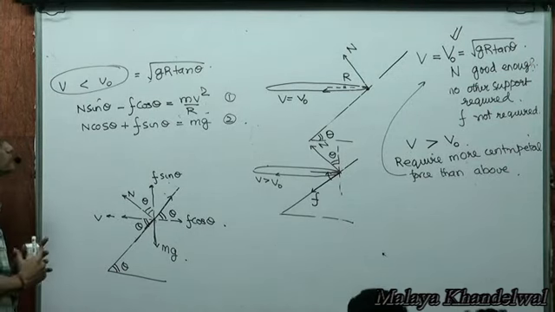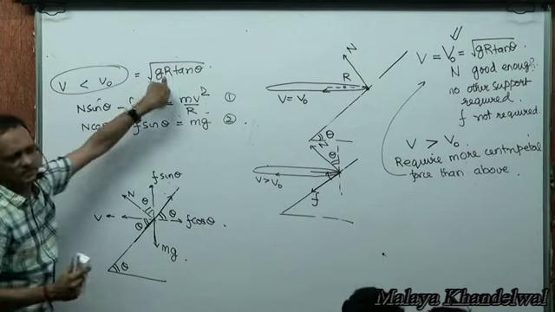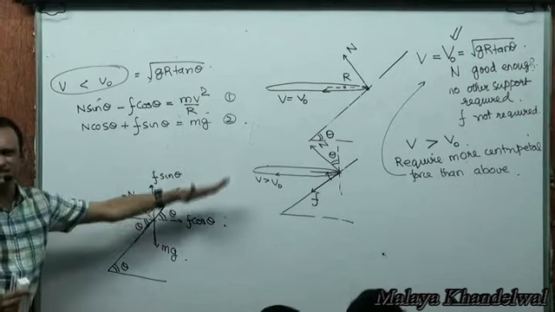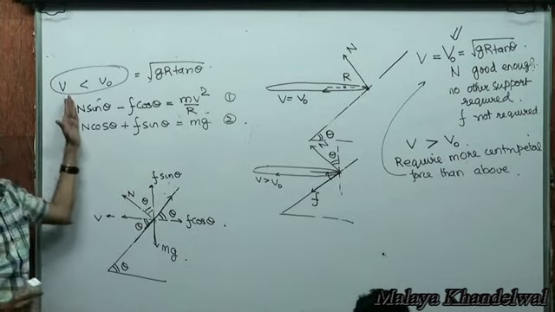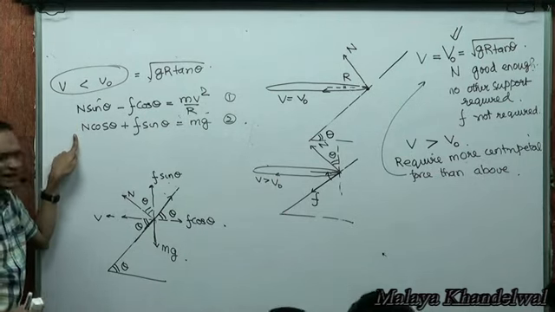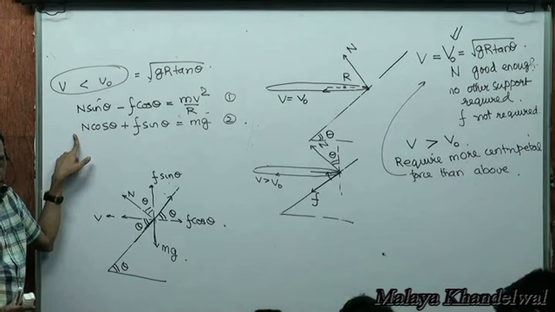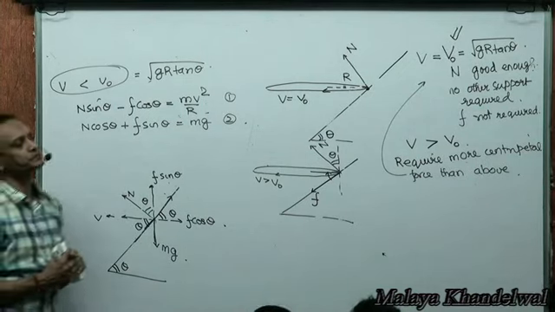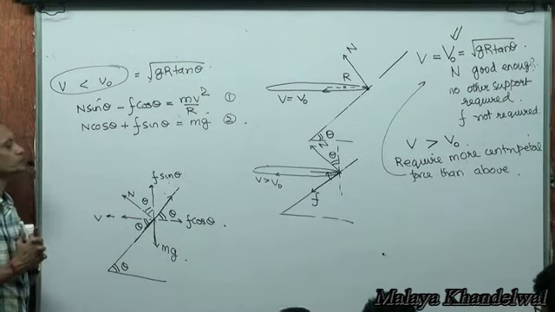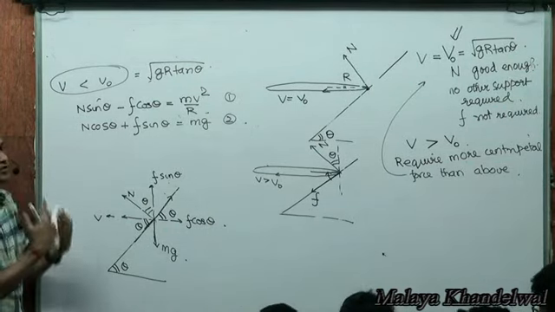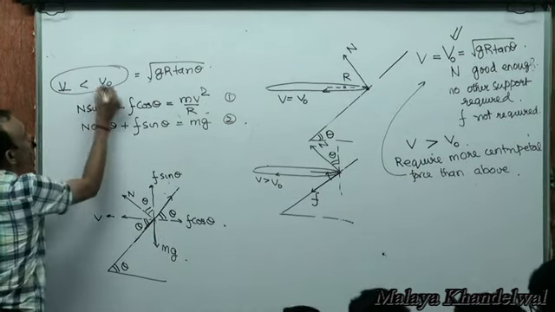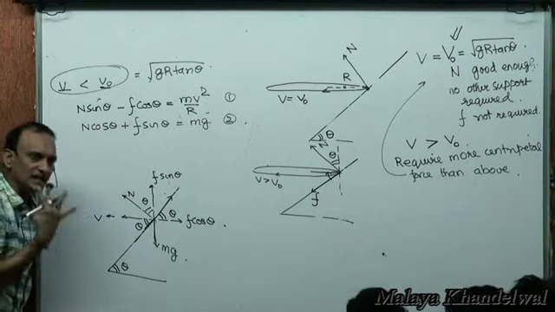Now, I am operating at a velocity which is less than root gr tan theta. Friction acts upwards like this, or outwards, so to say, and these are my governing equations. This is the centripetal force equation, this is balancing the weight, right? Now, suppose I increase V. V is initially less than V naught, less than root gr tan theta.